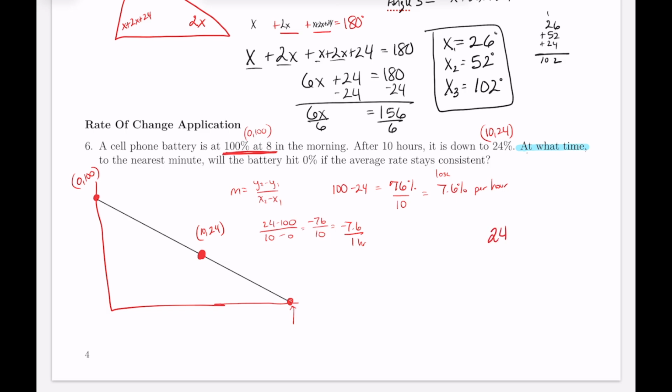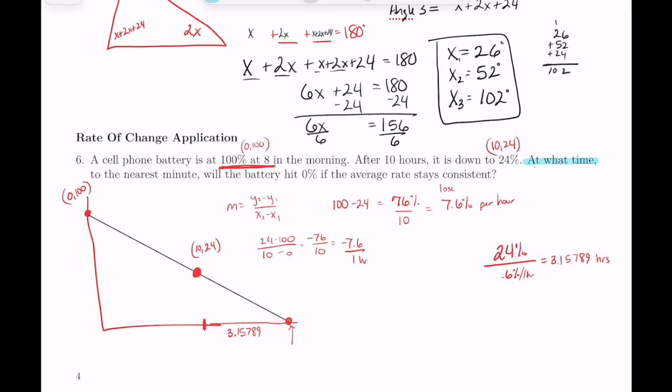If I take 24% remaining and divide this by 7.6 percentage points per hour, let me do this on a calculator, I get 3.15789 hours after the 10 hours. So from here to here is 3.15789 hours.